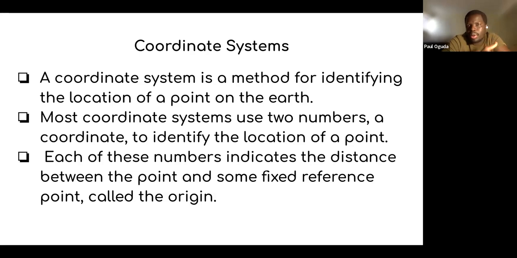When we send out those probes, we know where they are going through the use of coordinate systems. Most coordinate systems use two numbers to identify the particular location of a point. Each of these numbers indicates the distance between the point and some fixed reference called the point of origin.